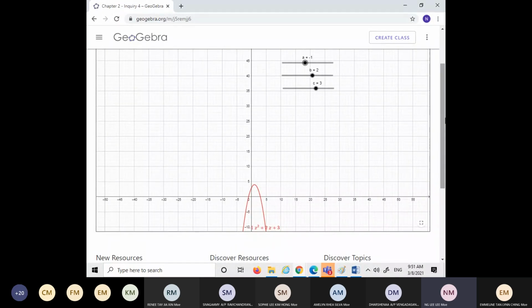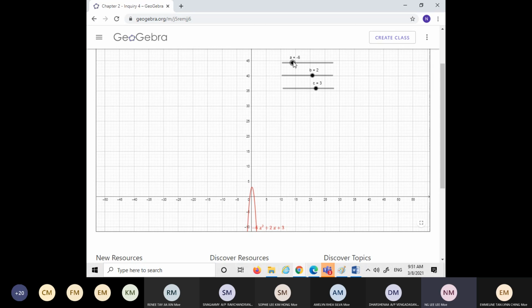Suppose I drag A now to -2, -3, -4, etc. You can see the width also becomes thinner, the width decreases. Thinner, thinner, and thinner. And you will see the y-intercept remains unchanged. So this is for the first part.